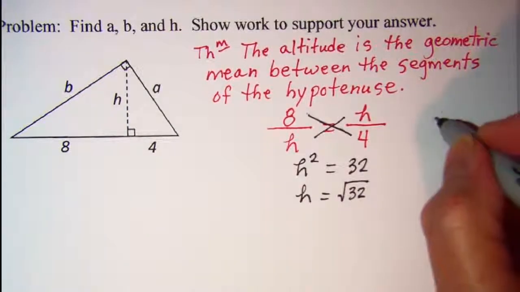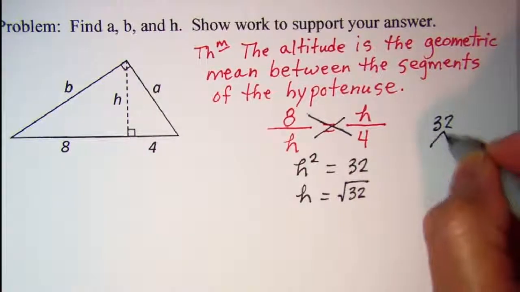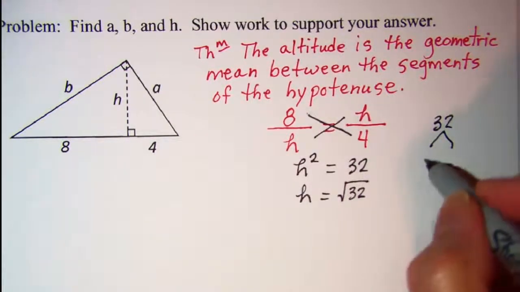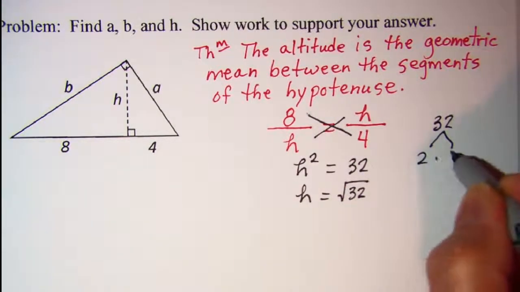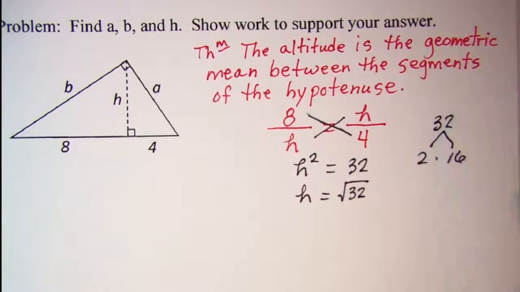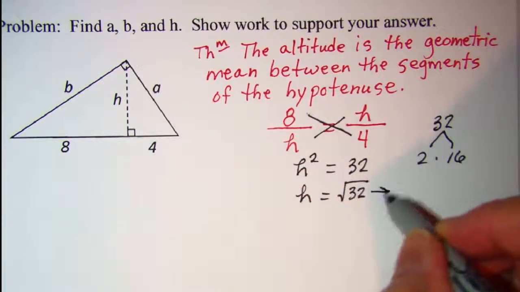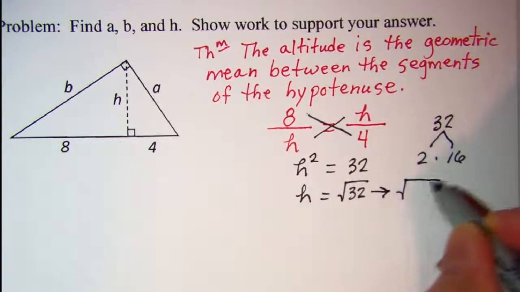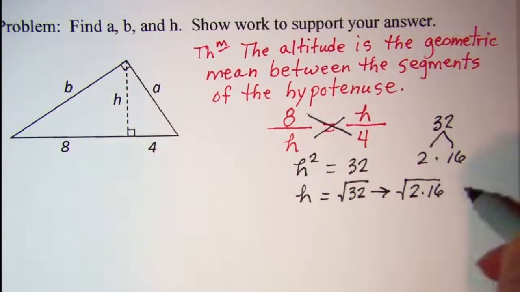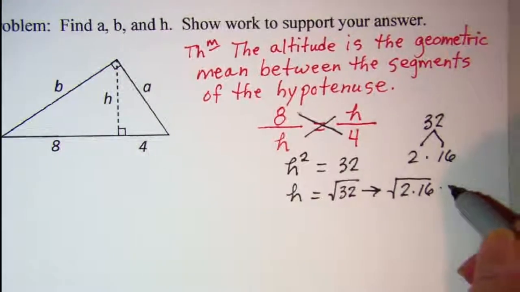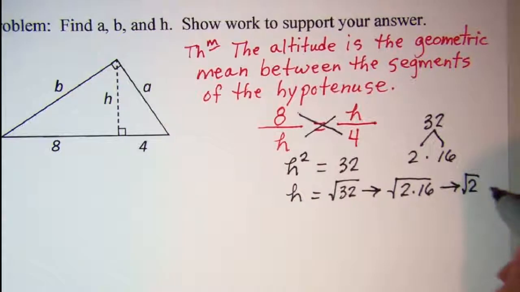We can take 32 and do a factor tree. That's 2 times 16. Well, 16 is a perfect square. So this is 2 times 16, which is the square root of 2 times the square root of 16.